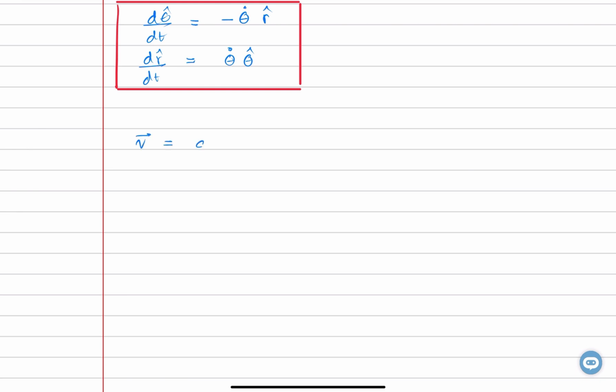Velocity would be the time derivative of the position vector, right? But the position vector is nothing but the magnitude r times r cap. So we will now differentiate this, right? And differentiating this is pretty easy. We just use the product rule. So first we'll differentiate dr dt multiplied by r hat, plus r times dr cap dt.